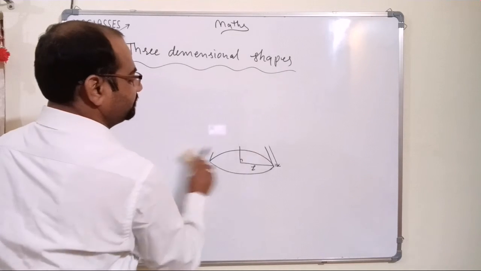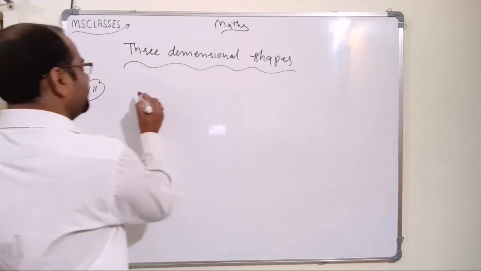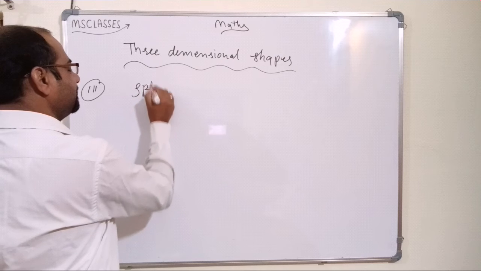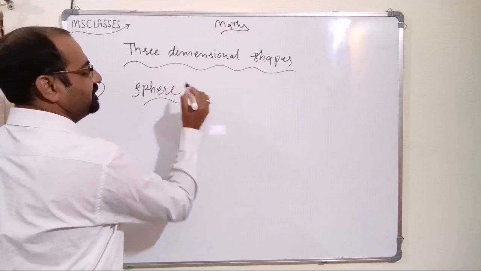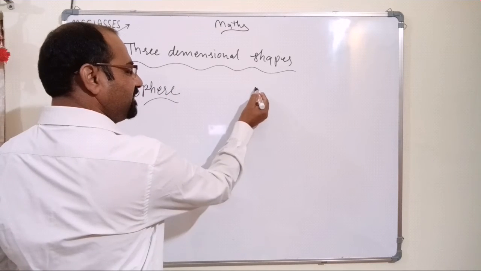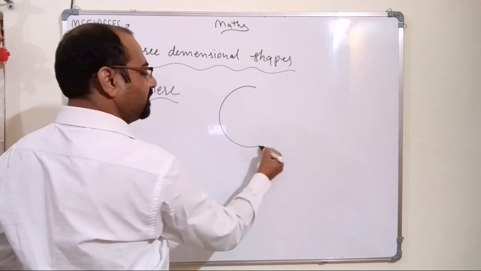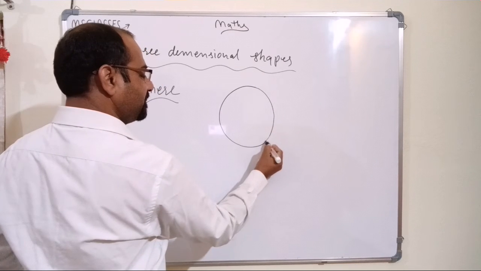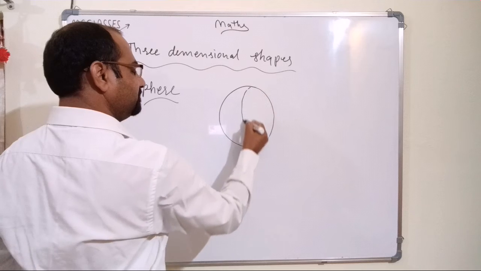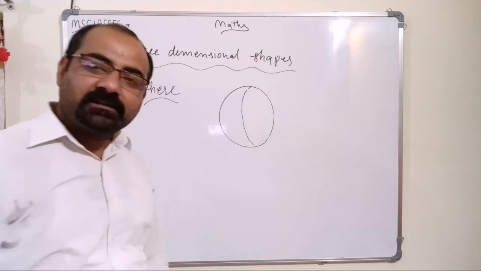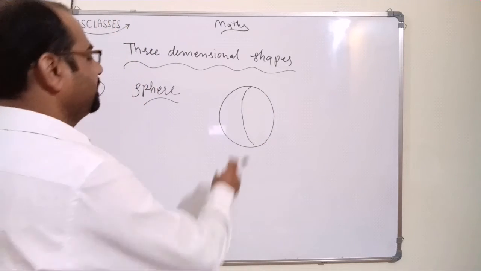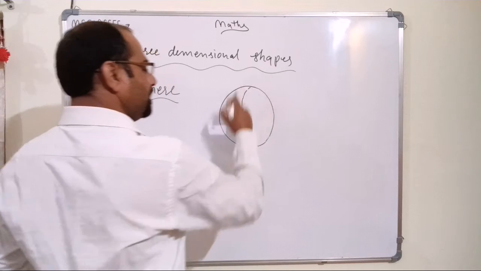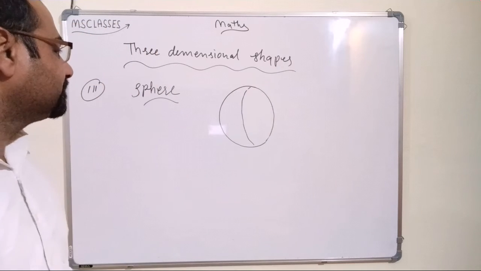After that we have a sphere. And what is a sphere? A sphere is just like a football and a cricket ball. So this is a sphere. Your earth is just like a sphere. Okay, so it has only one face.